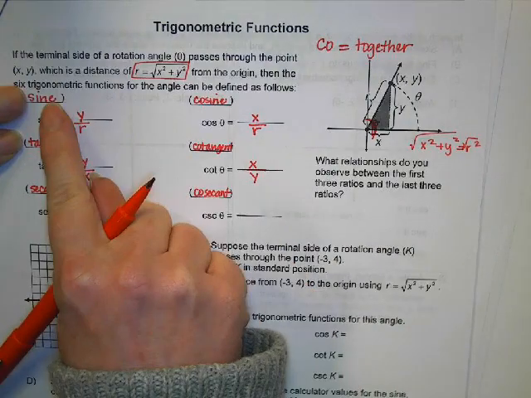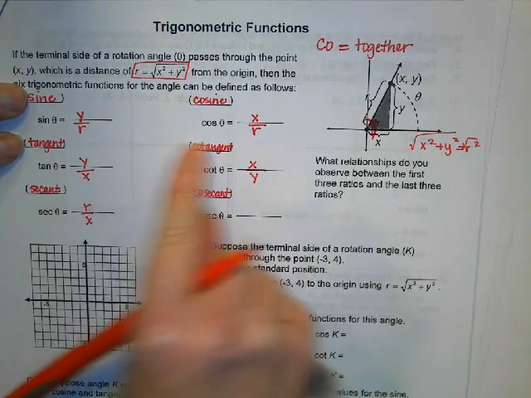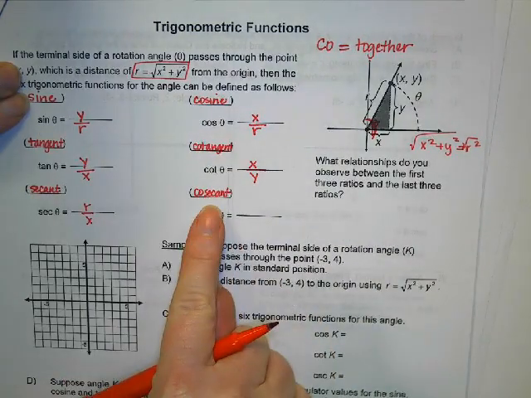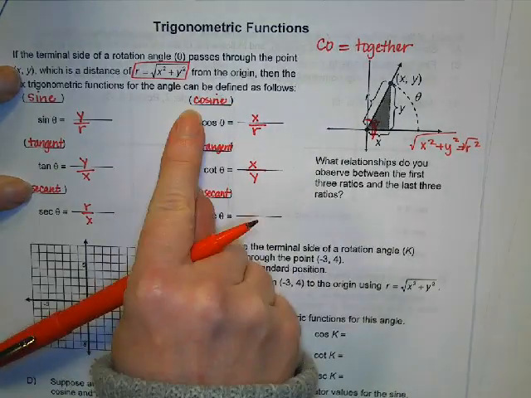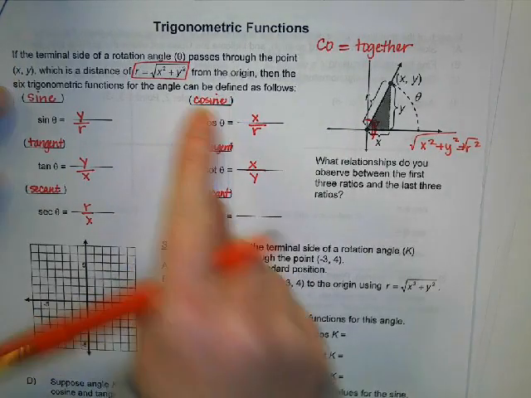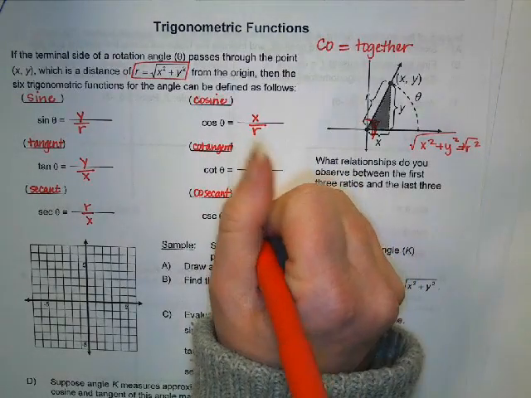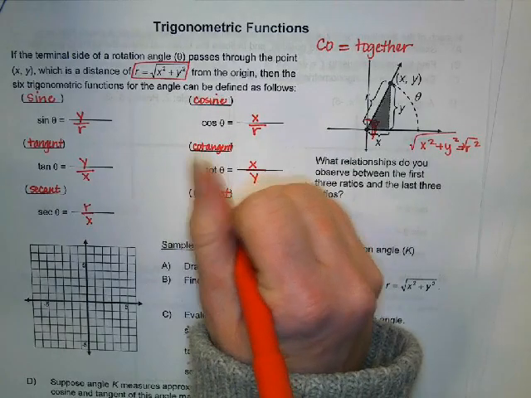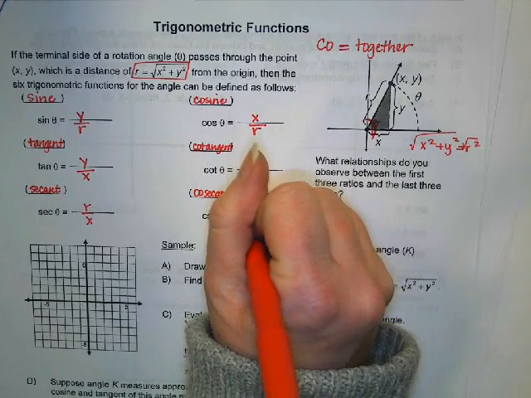So sine has to be co with something else. Tangent and cotangent are co together. So sine is together with cosecant, and cosine is already together with secant. So each pair has a co. I hope that makes sense, but I'll say it many more times. If it didn't make sense this time, hopefully it'll make sense later. So cosecant has to be together with something. Everything else is already together with something else, so it's together with sine. It's r over y.